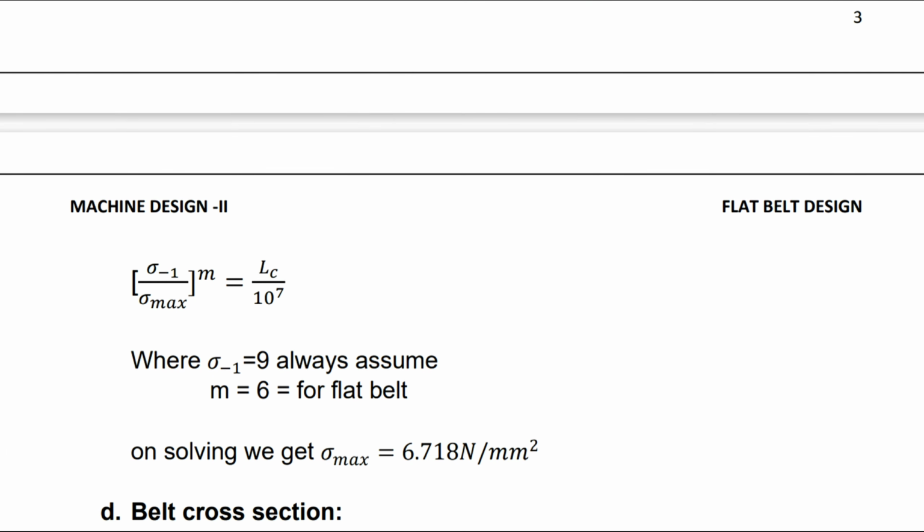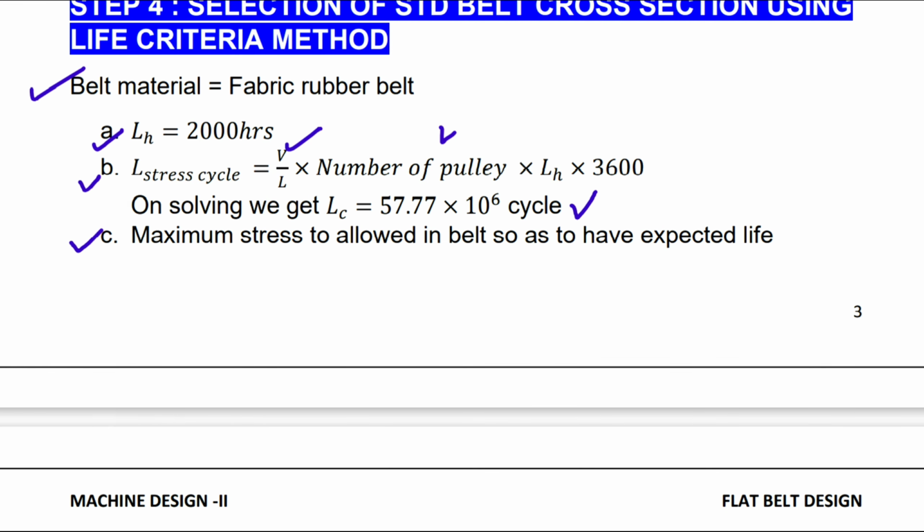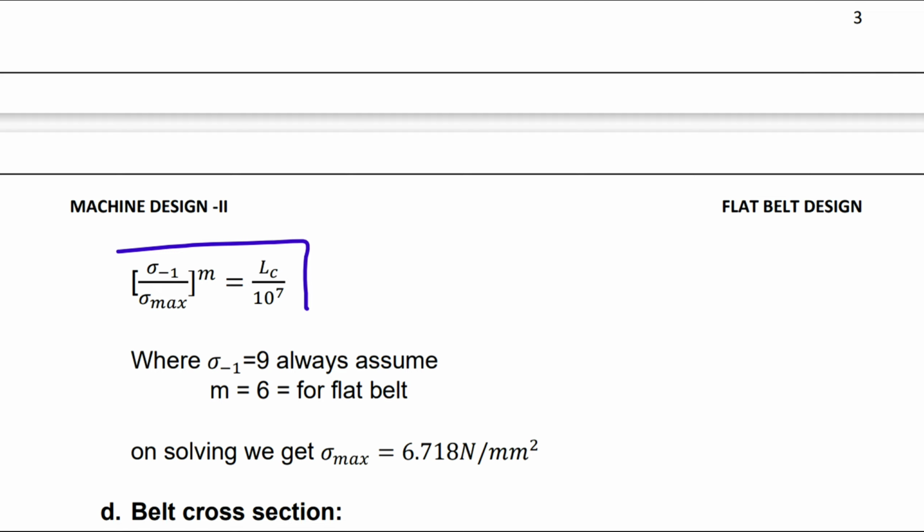The formula for this is (σ₋₁ / σmax)^m = LC / 10^7. LC will be this life stress cycle value. The value of m will be 6 for the flat belt, and σ₋₁ will be 9; you have to always assume this value as 9. Then you have to find σmax; put in all the values and you will get σmax. So σmax we are getting is 6.718 Newton per mm².